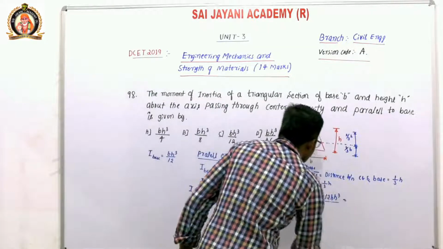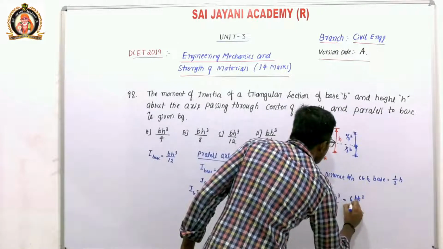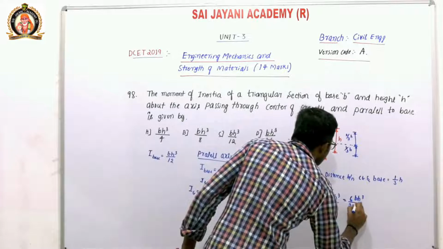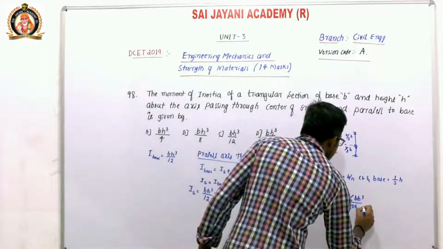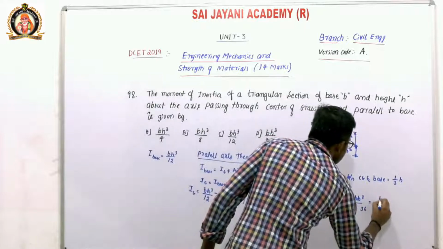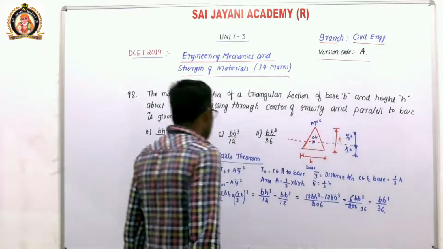So 18 minus 12 is 6 BH cube divided by 216, and 6 into 36 is 216. So BH cube divided by 36 is the answer.